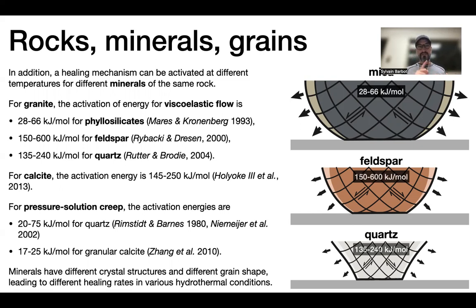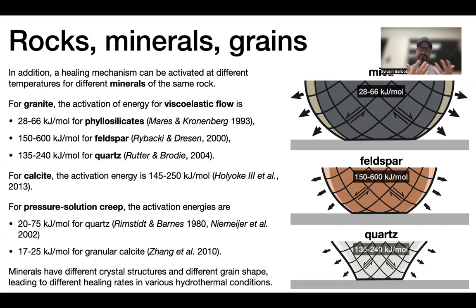Phyllosilicates are very weak minerals, and they have activation energy for viscoelastic flow between 28 and 66 kilojoules per mole. Feldspar is between 150 and 600 kilojoules per mole, depending on the type of viscoelastic process. Quartz is quite weak, and it will also deform easily, with activation energy between 135 and 240. Phyllosilicates like mica, feldspar, and quartz are basic constituents of granite.